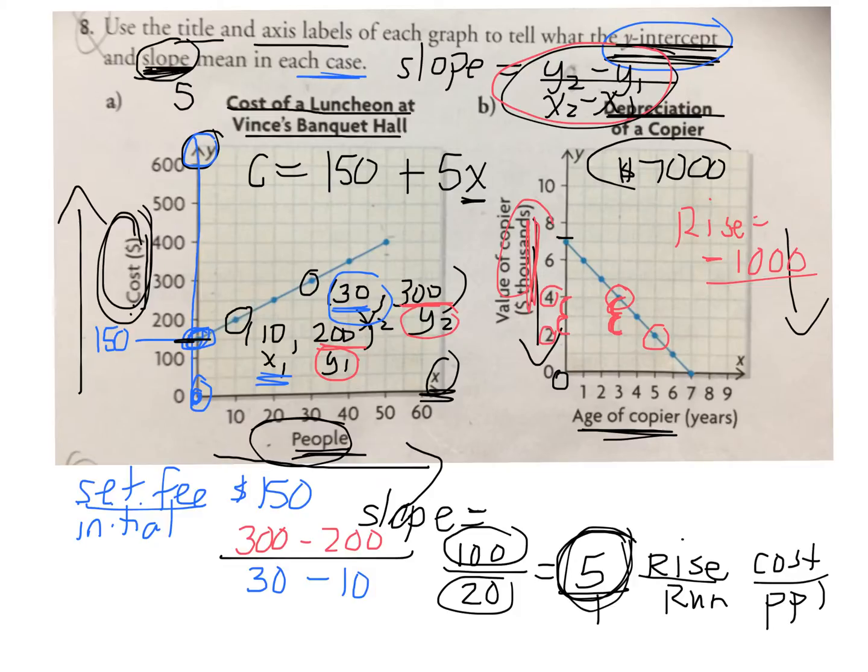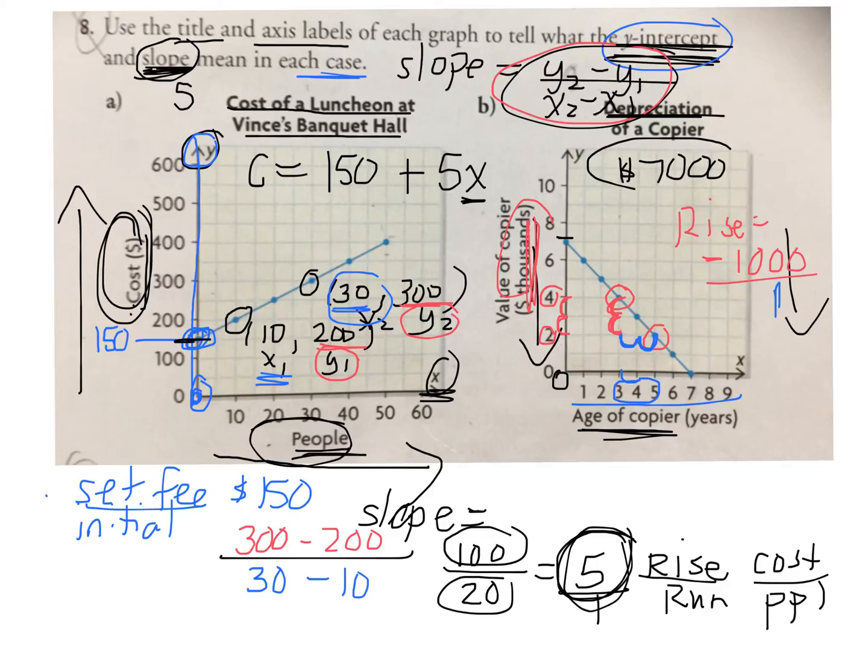Let's look at the run. I'm going from here to here. What is the scale? What is the x-axis counting by? Each square represents 1 year.